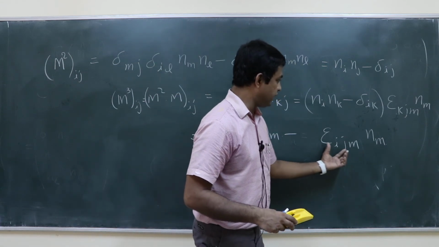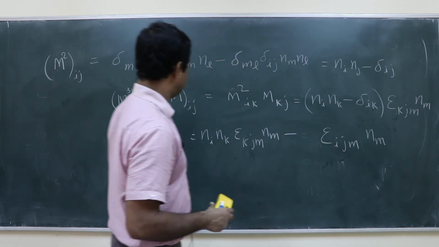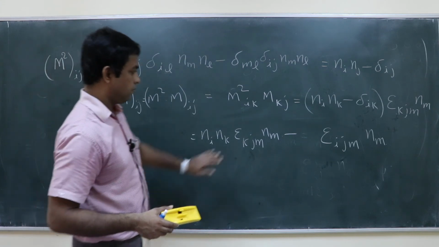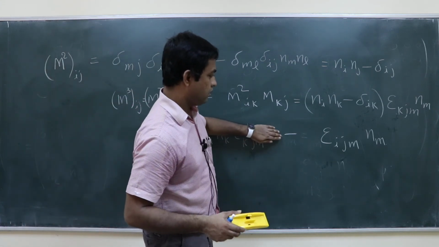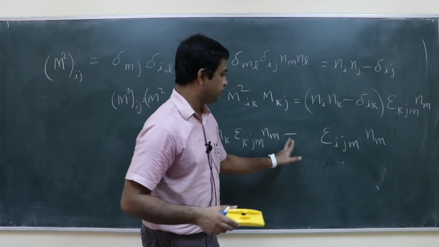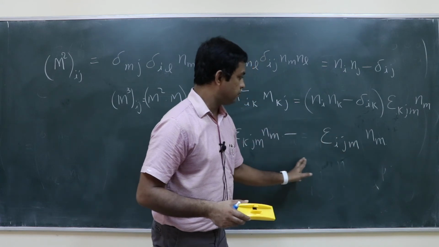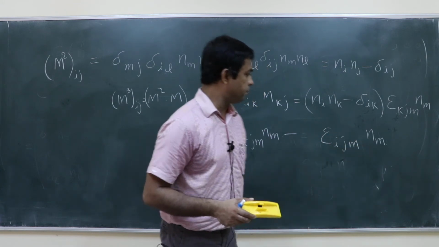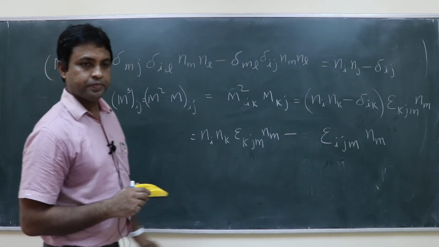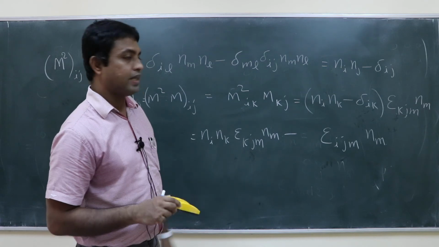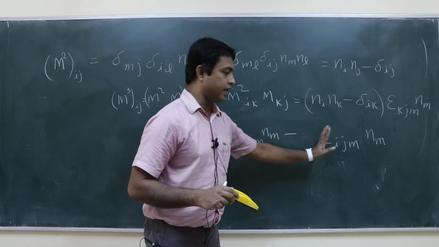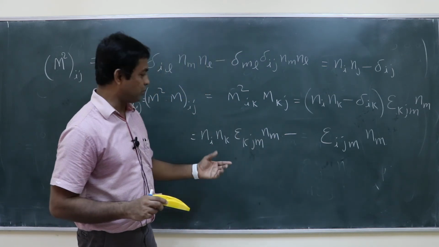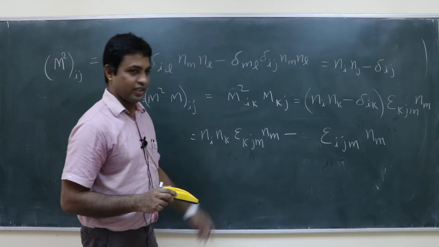Minus epsilon ijm nm. You don't worry about this. What is this quantity? Epsilon ijm nm. Anybody? That is mij. So this is minus mij. Actually that is the answer, so that basically means this quantity is 0.